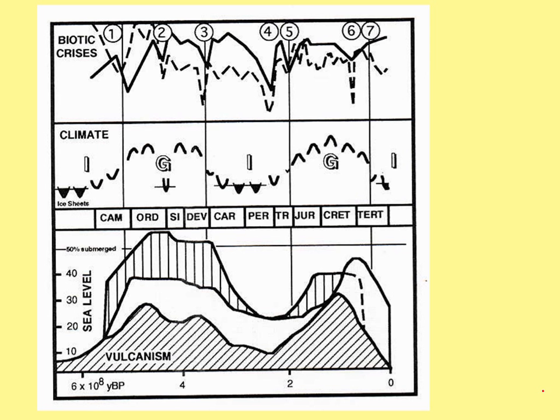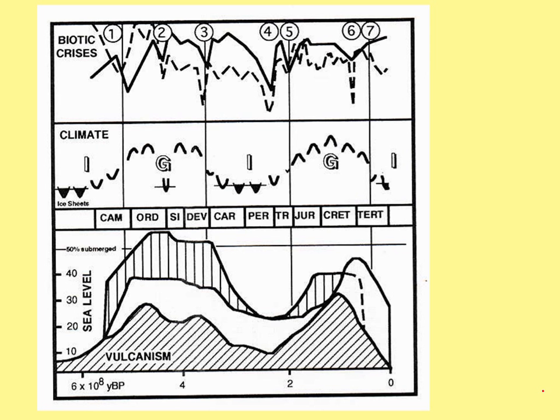The lower part of the graph shows large-scale sea level changes throughout the Phanerozoic, and you'll notice that there is a relationship between high stands of sea level and low stands of sea level. These are related in part to plate tectonic activity.